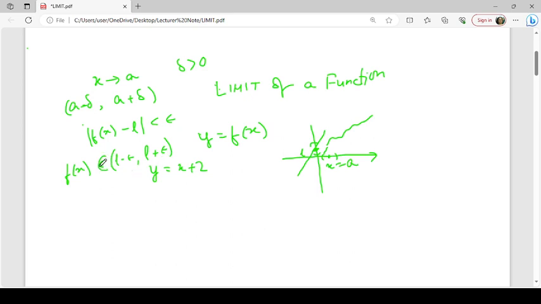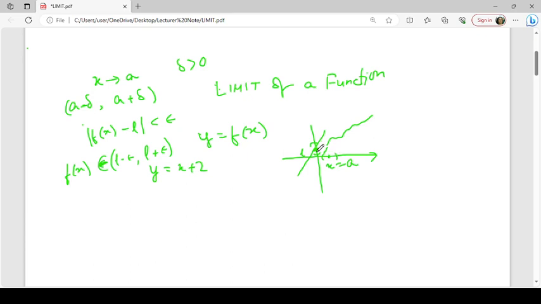Epsilon is a very small quantity, and this is the symbol for belongs to. So f(x) lies in this. Here x is in this neighborhood, then f(x) on the y-axis is in this neighborhood. So the image of this interval lies here.